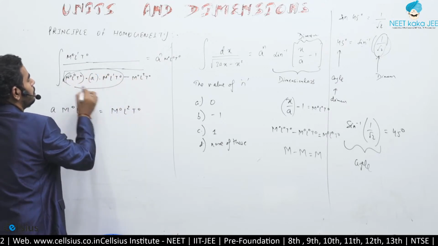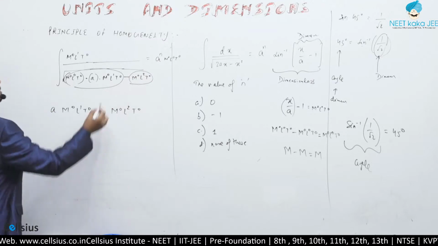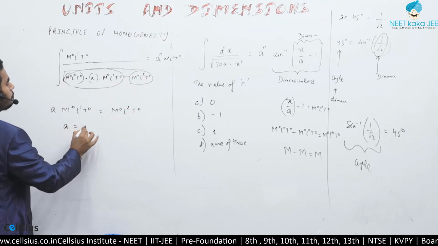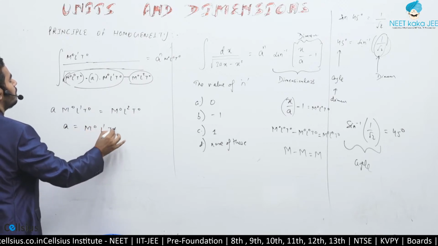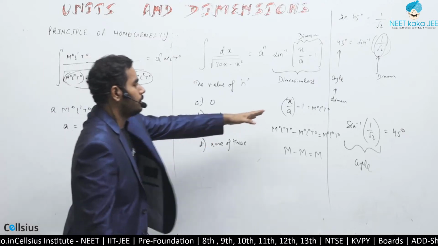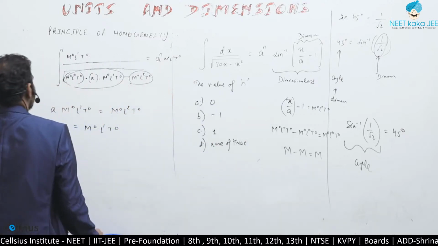This must be equal to this, because they are separated by a minus sign. So if you take this below, a becomes m0 l1 t0, that is, a is also dimensionally equal to x only.